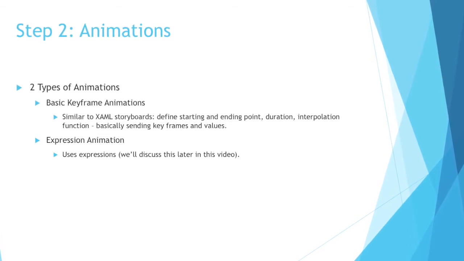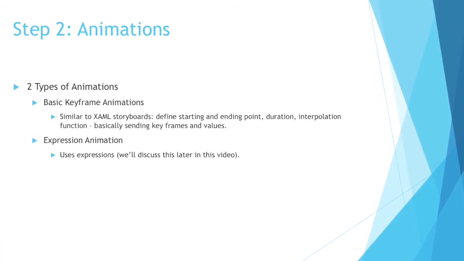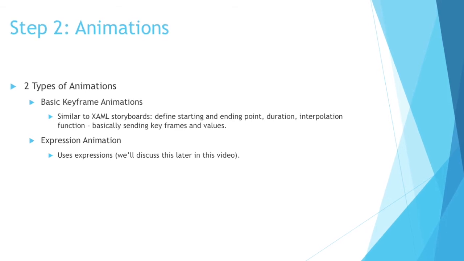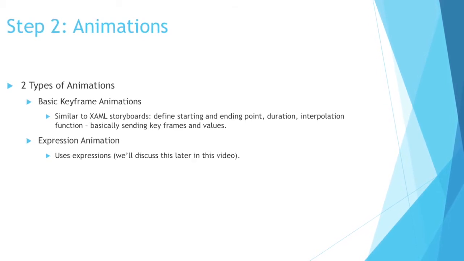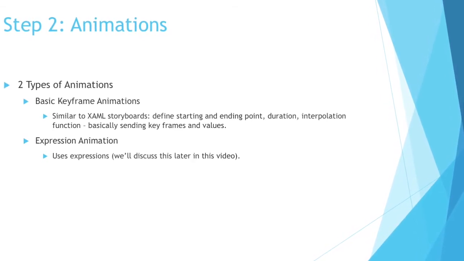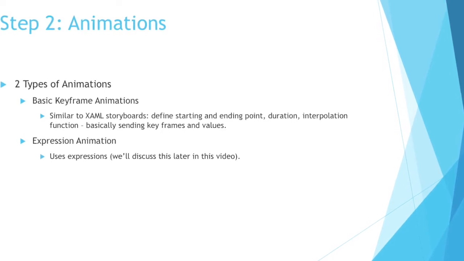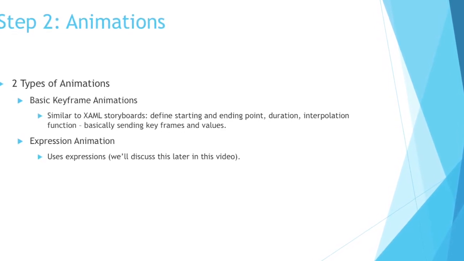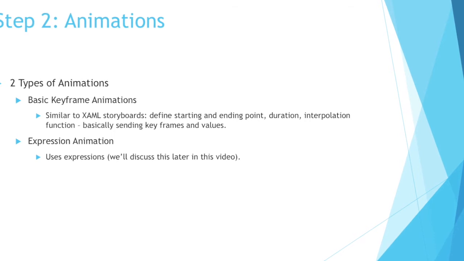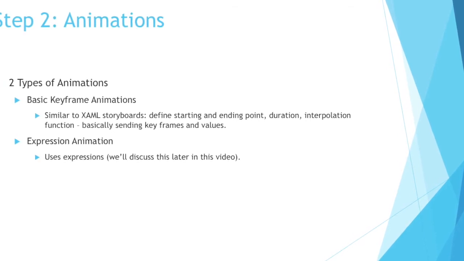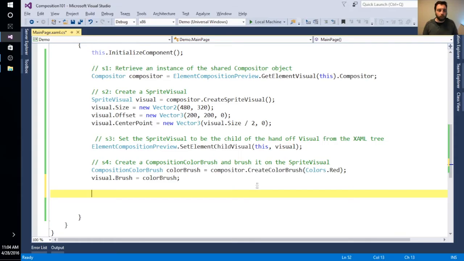If you're familiar with XAML storyboards, you'll be very familiar with keyframe animations, where you define a starting point and an ending point, a duration, possibly an interpolation function to go across those values, but you're essentially setting keyframes and values. We also have expression animations, which I'll get into a little bit later, but let's move forward with the basic keyframe animations.